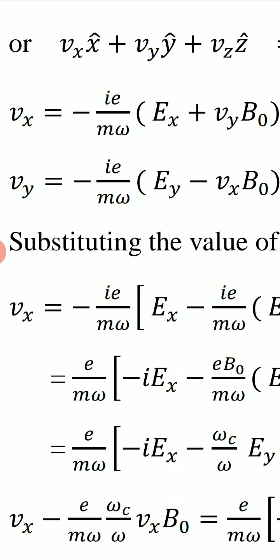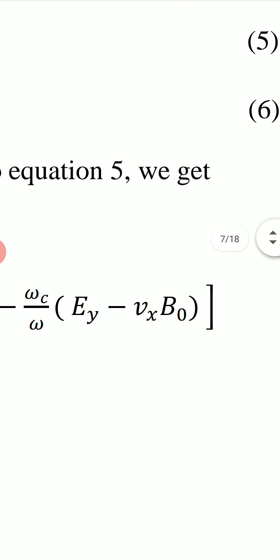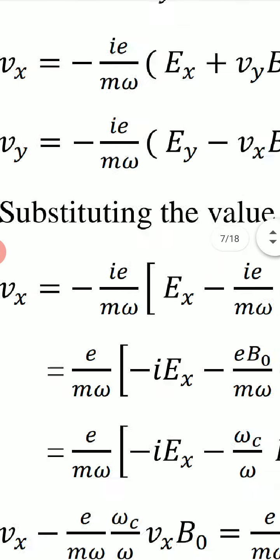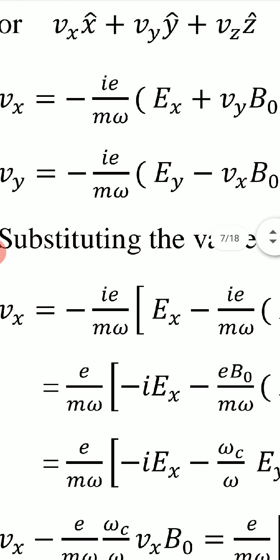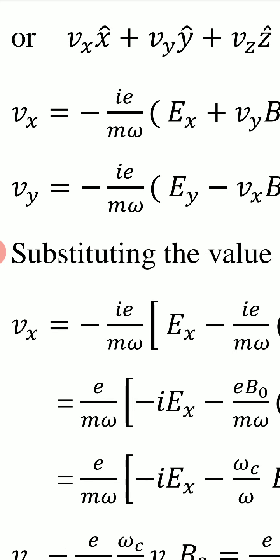In the first equation of Vx we have Vy, and in the second equation of Vy we have Vx. So from the second equation we write the value of Vy and put it into the first equation. Substituting the value of Vy from equation 6 into equation 5, we get, from equation 6, the value for Vy, and this value of Vy we put in equation 5 for Vx.